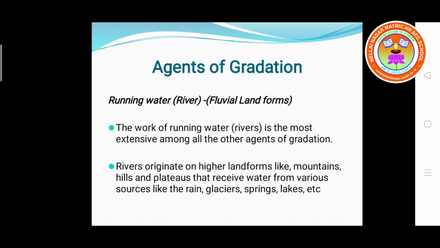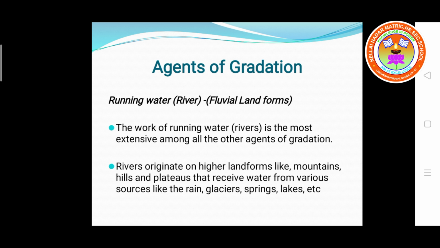A river originates on higher landforms like mountains and hills, and receives water from various sources like rain, glaciers, springs, lakes and so on. So the main agent of gradation is running water.